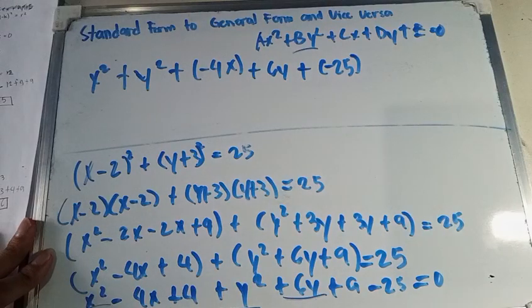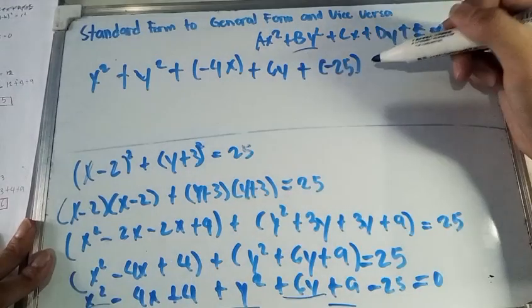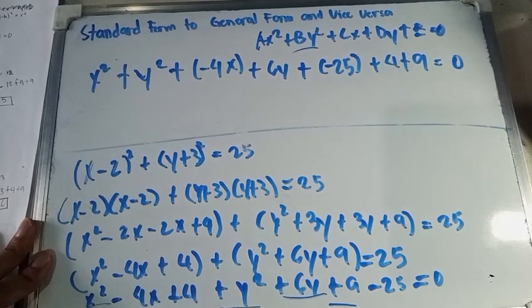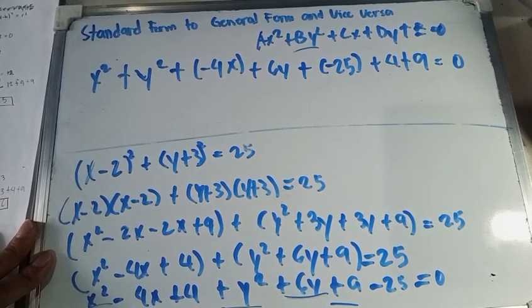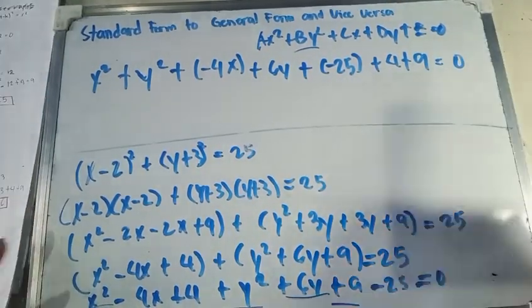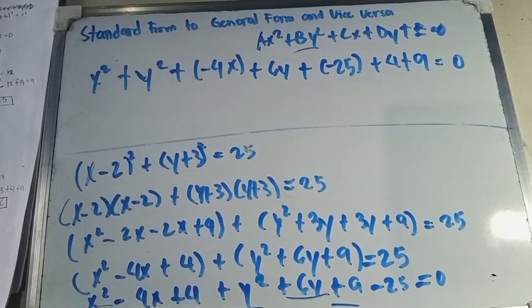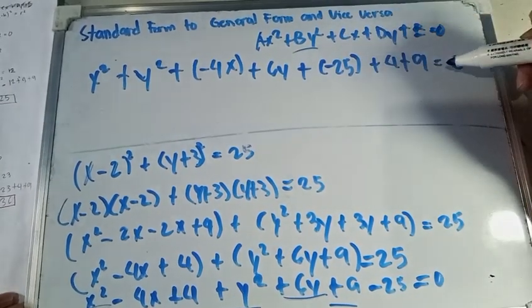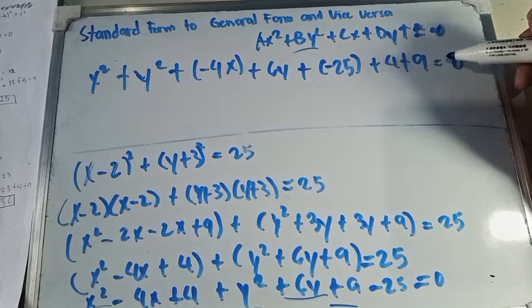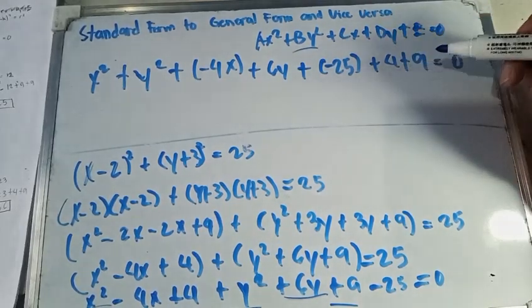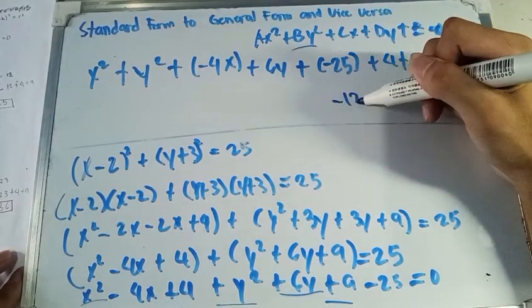Now there are two more constant terms here, which are 4 and 9. So we'll include those. And don't forget to equate it to 0. Now, we need to combine like terms. So, these are like terms: negative 25 plus 4 plus 9. Since 4 plus 9 is 13, and negative 25 plus 13 is negative 12.